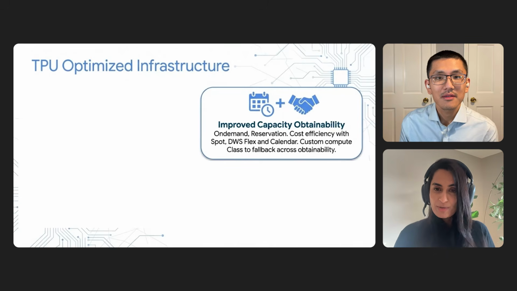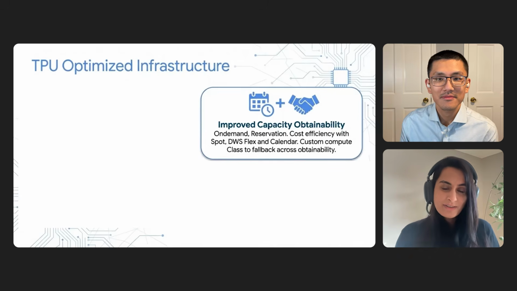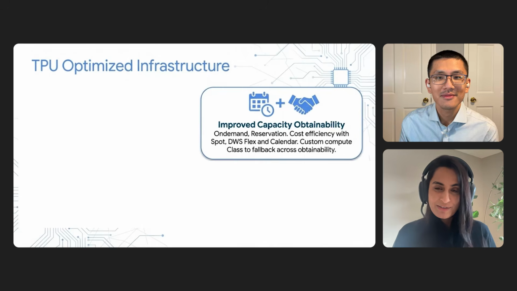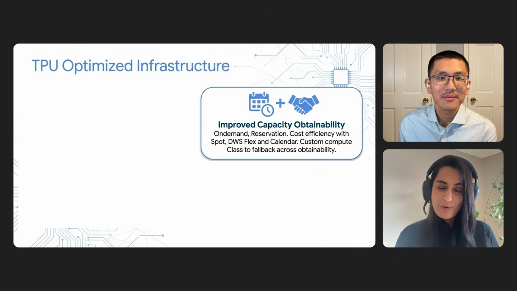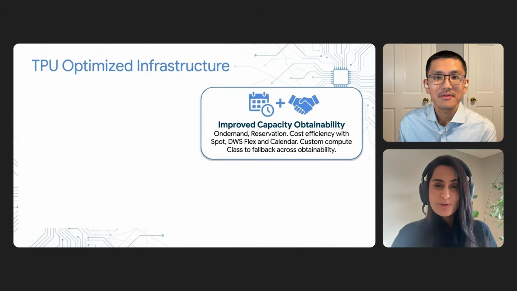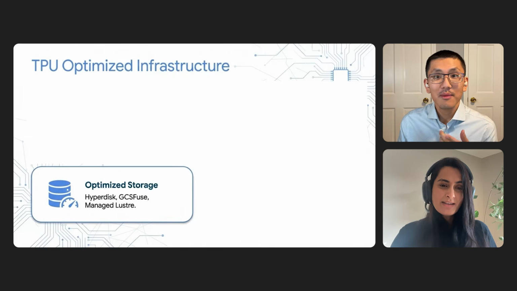You can have a workload running on one obtainability option and not find enough capacity to scale. Voila, you can always go back to Spot or DWS or anything that you want. So it provides cost efficiency and also improves your obtainability with custom compute classes. We'll get more into those things later on.